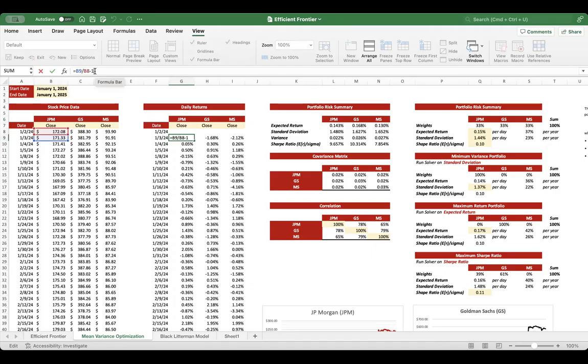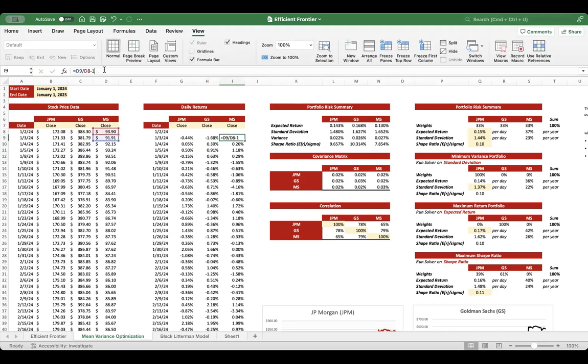Similarly, today's price divided by yesterday's price minus 1, and we'll use the same formula all across to get our daily returns, for all our stocks, be it Goldman Sachs or Morgan Stanley.